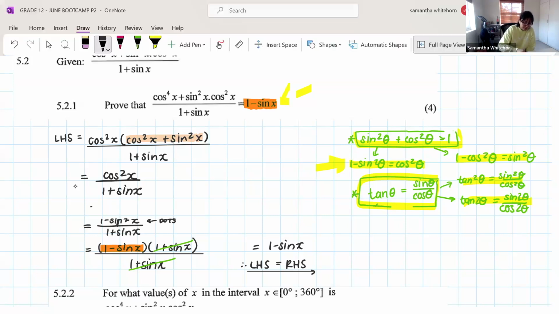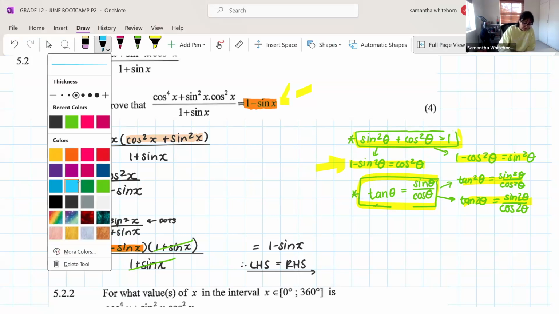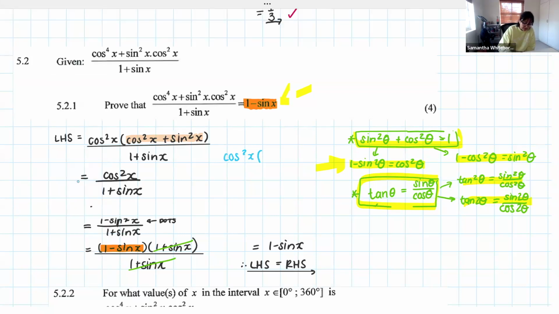So if this first line had been maybe cos squared x and then your bracket over a cos squared x, then yes, you can cancel those 2 things because there's a single term in your denominator and you factorize the numerator. We can't cancel anything in what we have written down because there's nothing that's dividing top and bottom, allowing us to essentially divide them away.